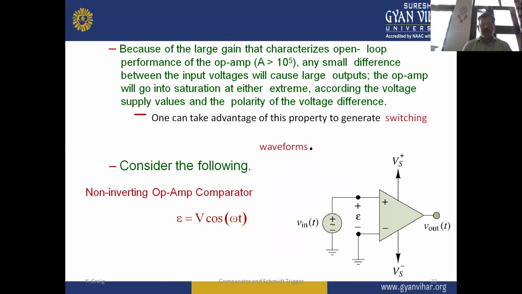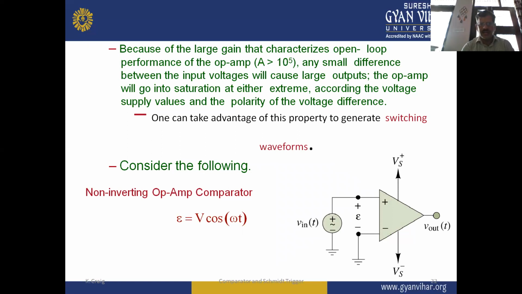The op-amp will go into saturation at either extreme according to the voltage supply value and the polarity of the voltage difference. One can take advantage of this property to generate switching waveforms. So consider the following non-inverting op-amp comparator.